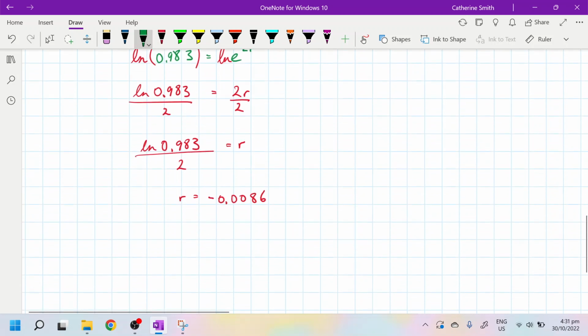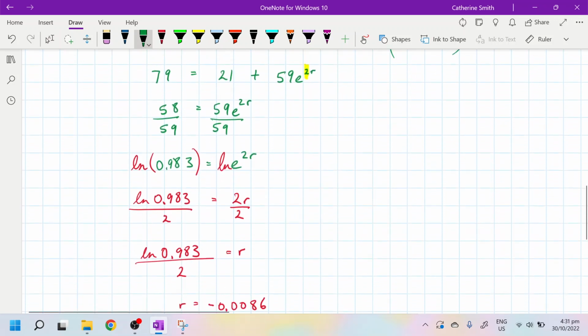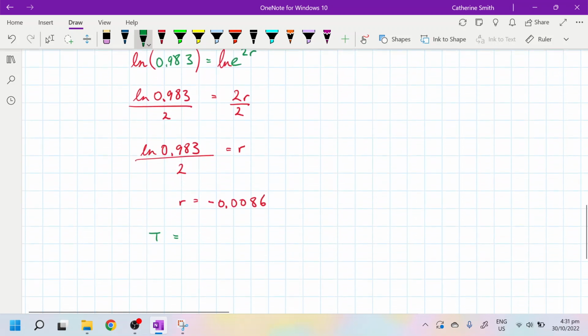We've now found all our variables, so we know that T equals 21 plus 59 e to the negative 0.0086t. And it makes sense for that r value to be negative, because it's cooling down. So the numbers are only going to go down with a negative value there.